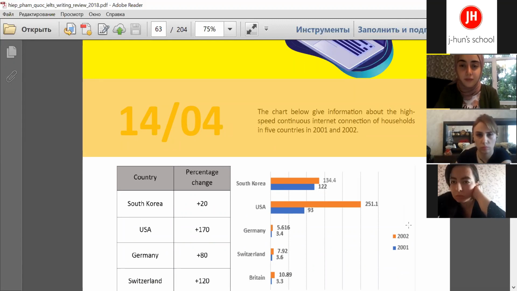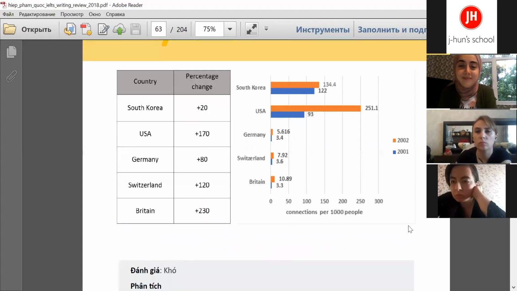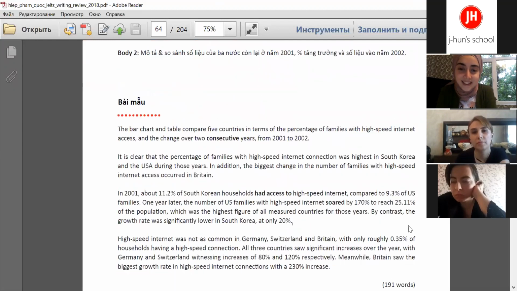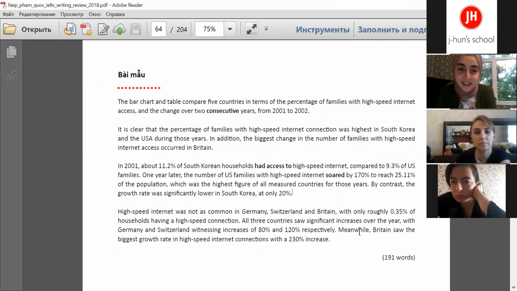Of course, no one expects you to show math skills there. However, this guy who wrote this sample calculated and found out that 122 in 2001 makes out 11, not actually 11, it's 12.2%. Now, hopefully, maybe it's about 11.2.